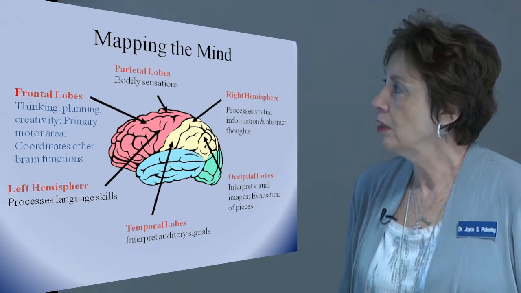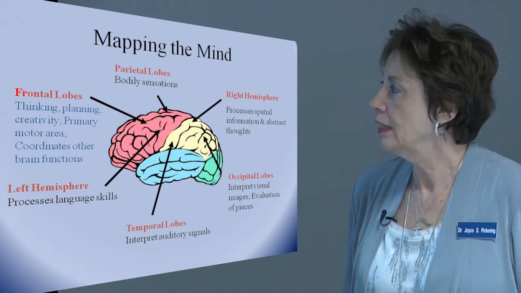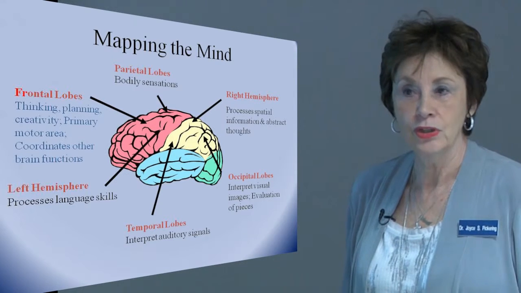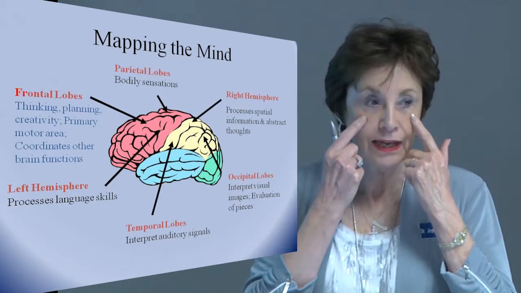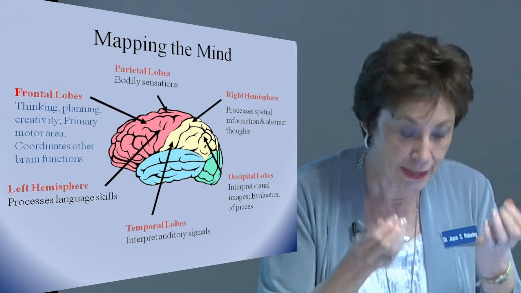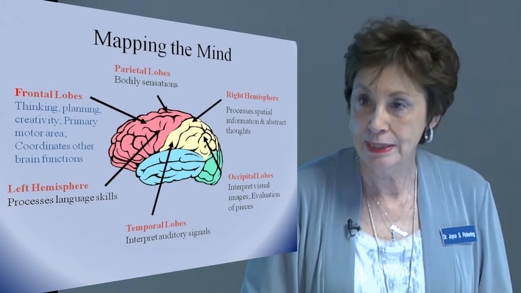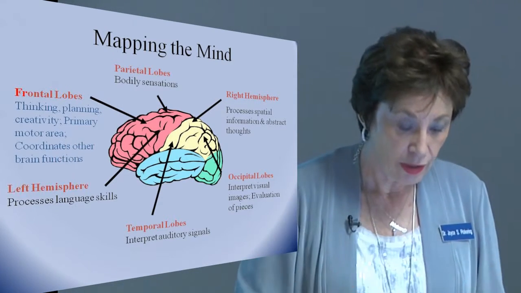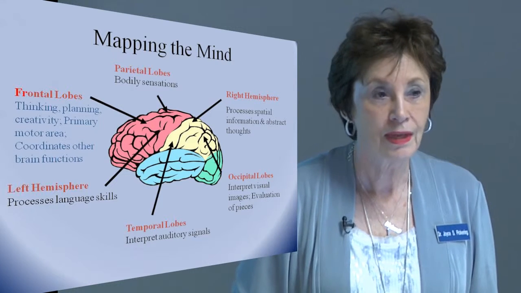We have some really important lobes in the brain. The occipital lobe, toward the back of the brain, interprets visual images. So we don't see with the eye. The eye is a receptor of the images that we see, whether it's a person or a word on a page.